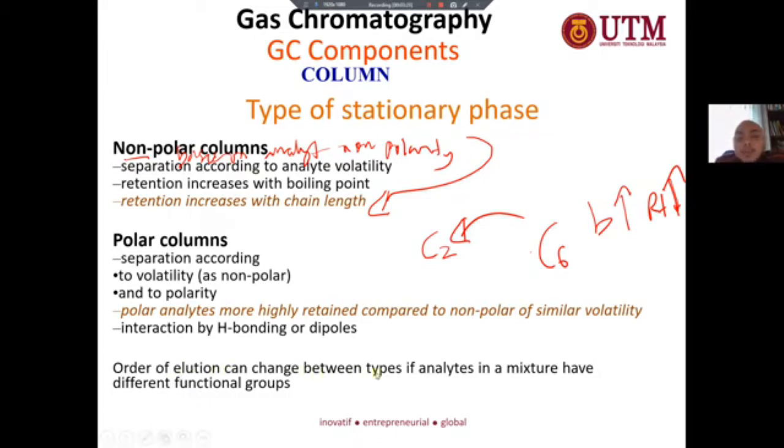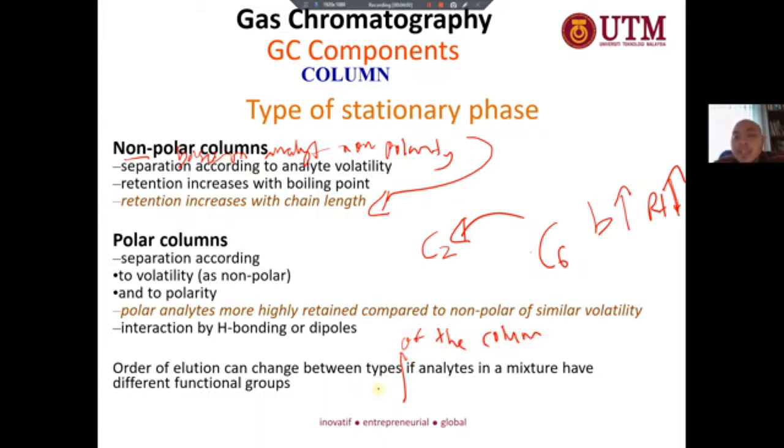Order of elution can change between types of column, if the analytes in a mixture have different functional groups.